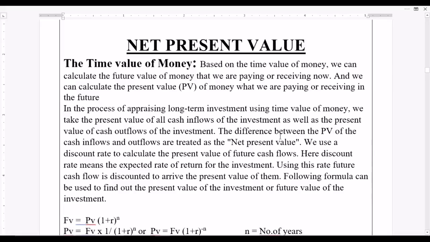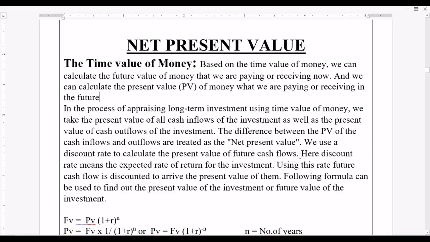The difference between the present value of cash inflows and outflows is treated as the net present value. We use a discount rate to calculate the net present value of future cash flows.